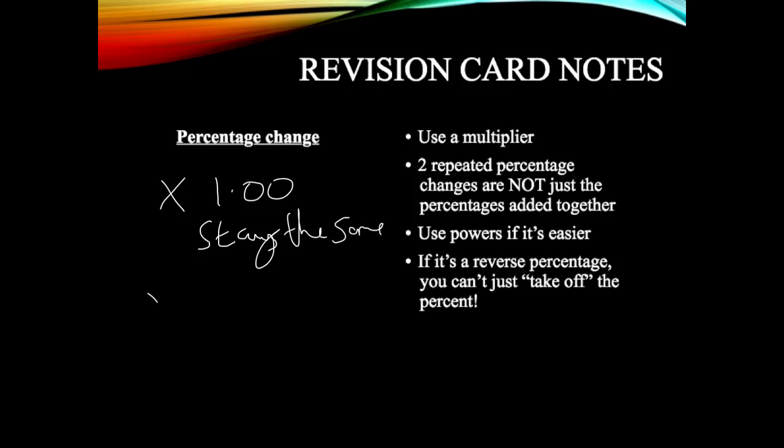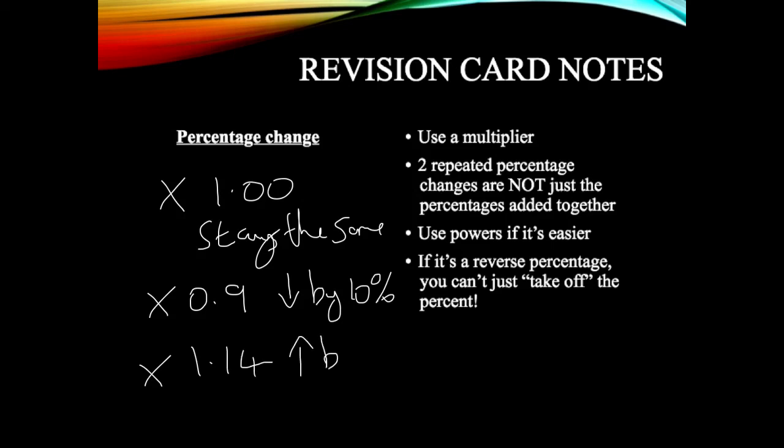If you multiply by 0 point something, let's say 0.9, it's going to reduce by 10%, and if you multiply something by, to make something up, 1.14, it's going to increase by 14%, as an example. Now, repeated percentage changes are not just percentage added together. We saw that from the house question earlier.